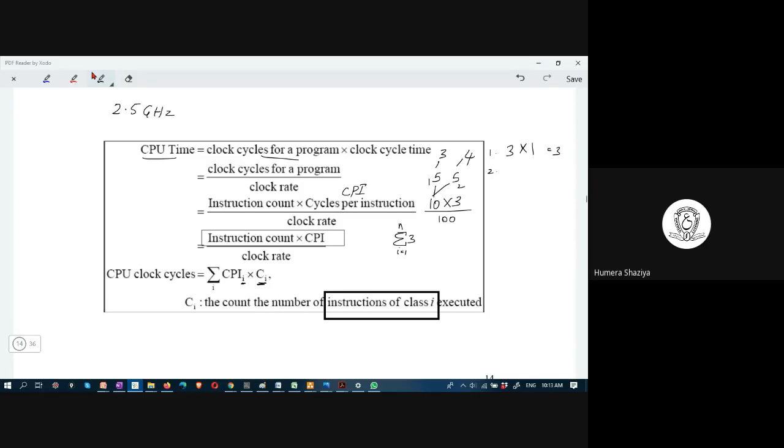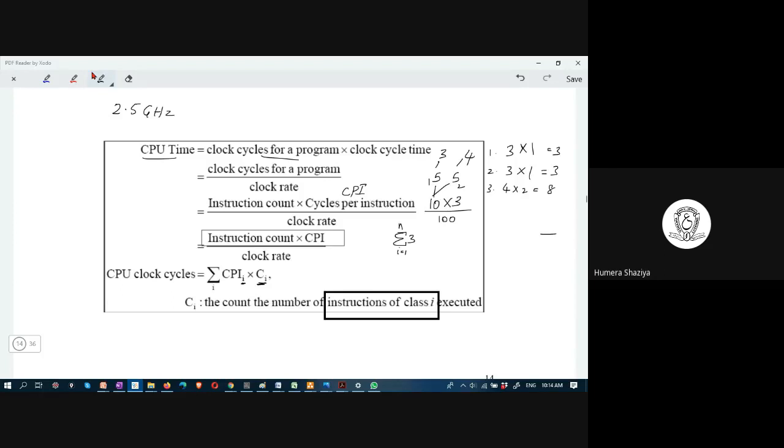Second one would be 3 into 1, again 3. Third one would be 4 into 2. This would be 8. Like that you get for 10 instructions. We are assuming that there are 10 instructions.